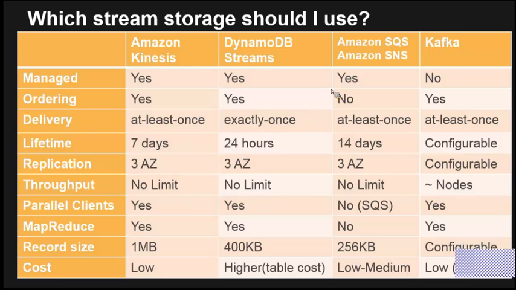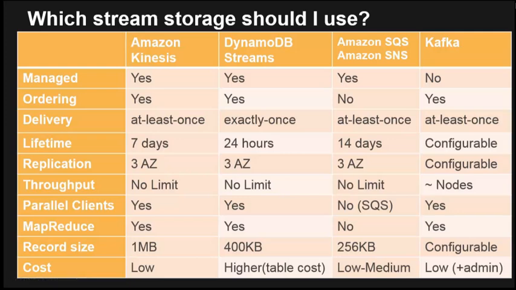And if you are using SQS or SNS, then again the cost is slightly higher. In the case of Kafka, the cost is fairly low, but at the same time, the admin cost is something that needs to be factored in, even though you get EC2 instances, etc., fairly inexpensively.